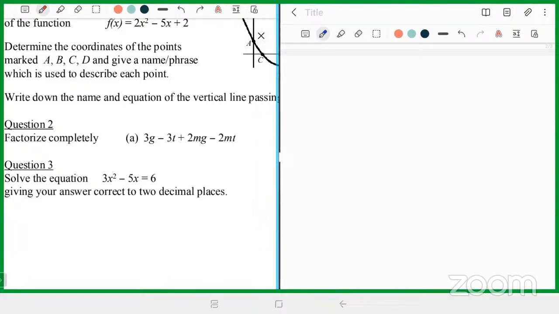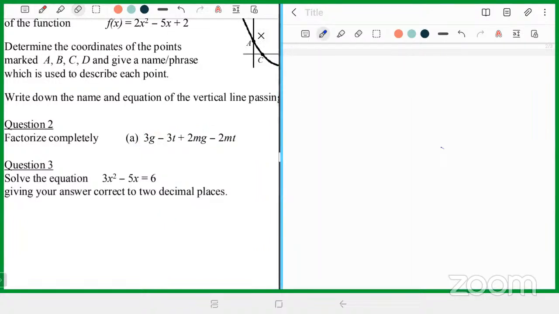When I think of the first 2 terms, if I were to factorize them, I will get 3 into g minus t. So I'm looking for the g minus t in the other 2 terms to see if the g and the t are in that same sequence, which they are. The g comes first and the t comes second in those 2 terms. Therefore, they are in a friendly order, and there's no need to rearrange the values, and I can proceed with the factorization.